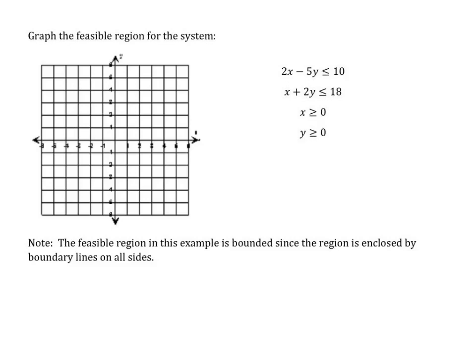So let's first start off by getting 2x minus 5y less than or equal to 10 into our form. So 2x minus 5y is less than or equal to 10 is the same as negative 5y is less than or equal to negative 2x plus 10.